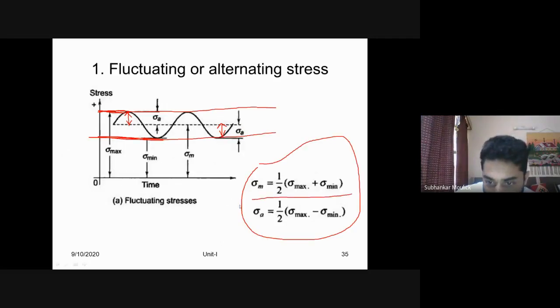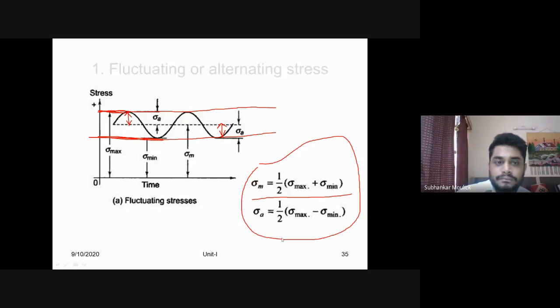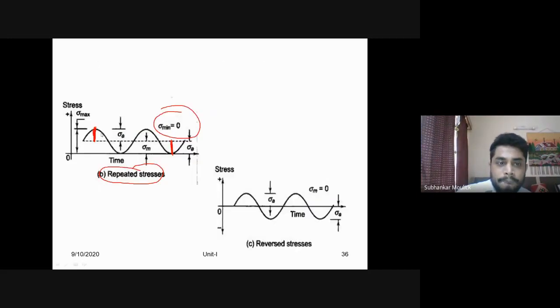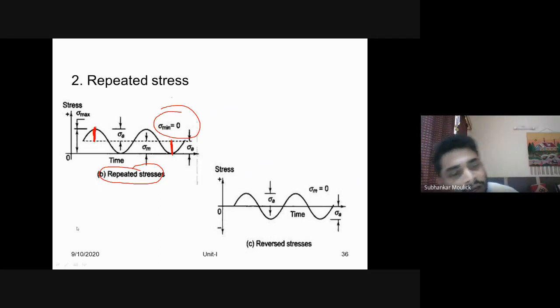And since sigma minimum is 0, sigma a is half of sigma max, or sigma max is 2 times sigma a. This is also sigma a, this is also sigma a. Is it clear? Any doubt in repeated stress?